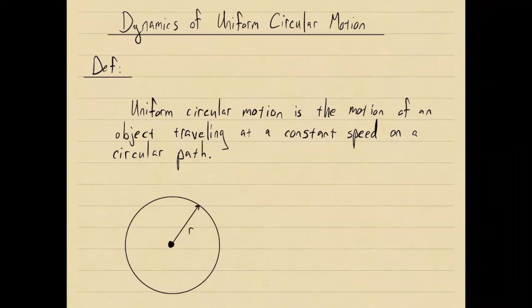In uniform circular motion, at every single point as the object travels around its circular path, the velocity of the object is going to be tangential to the circular path. So this, and this.